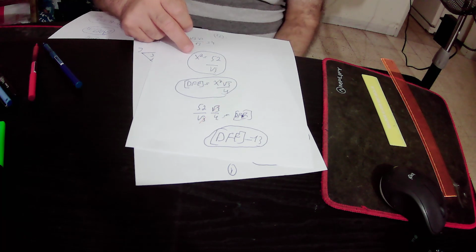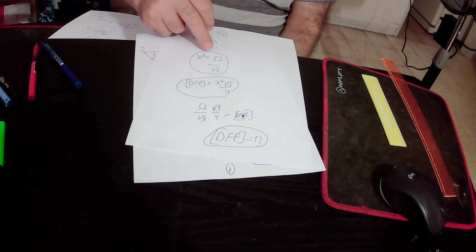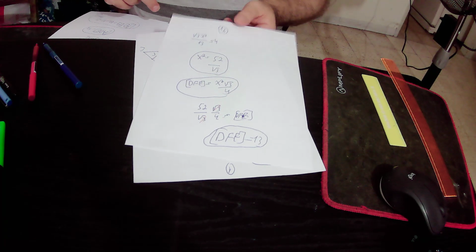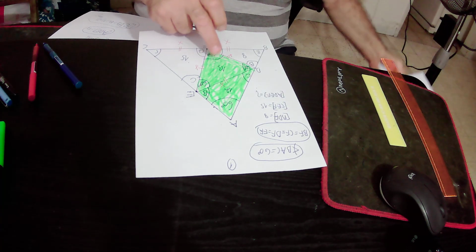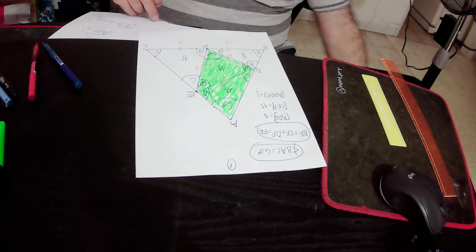We substituted x squared by 52 over root 3, and we found out that the area of the equilateral triangle DFE equals 13 square units.